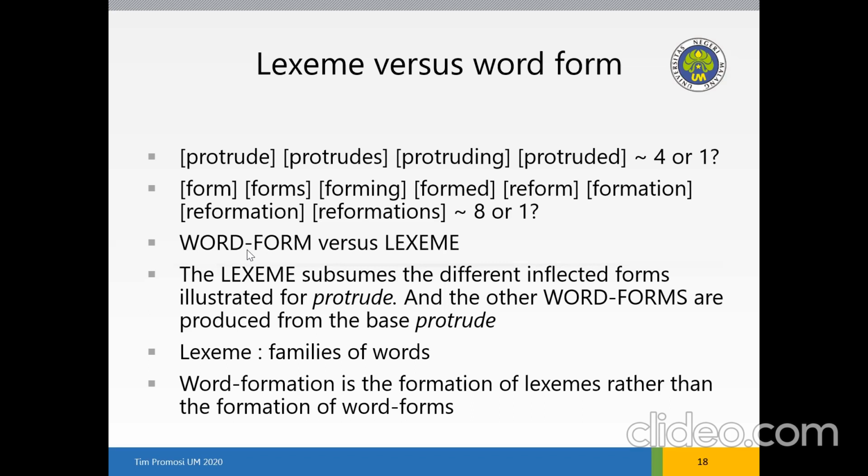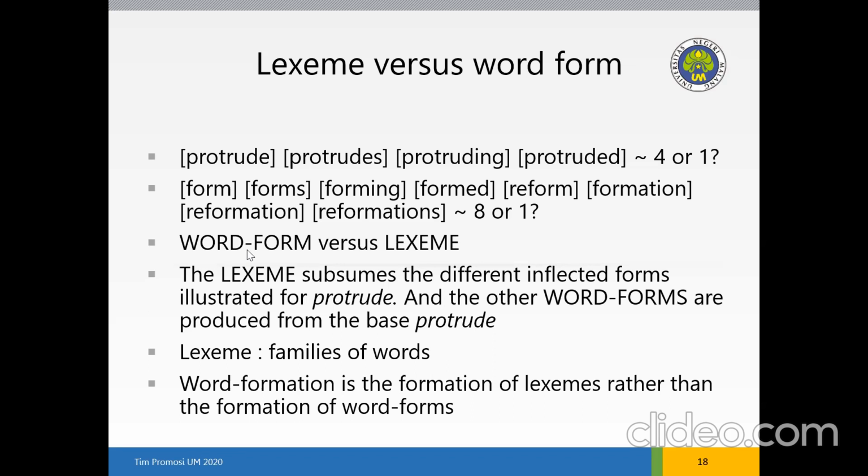That means it's the same main word because they share a common meaning and are derived from the same root or base form, which is protrude. So these consist of four words and one lexeme.